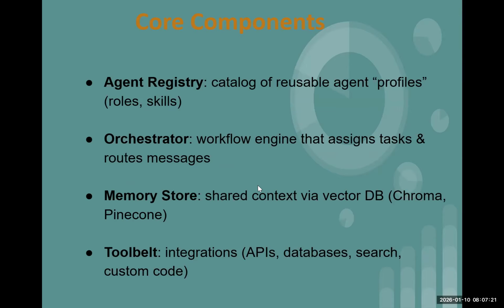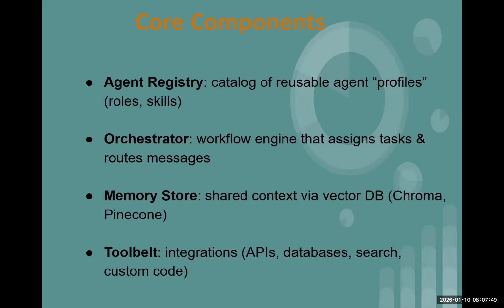So what are the core components? This is just for information's sake, and it's not a very huge product to know about. But as you go in and start building agents using CrewAI, you will know how it works internally, some of the components.